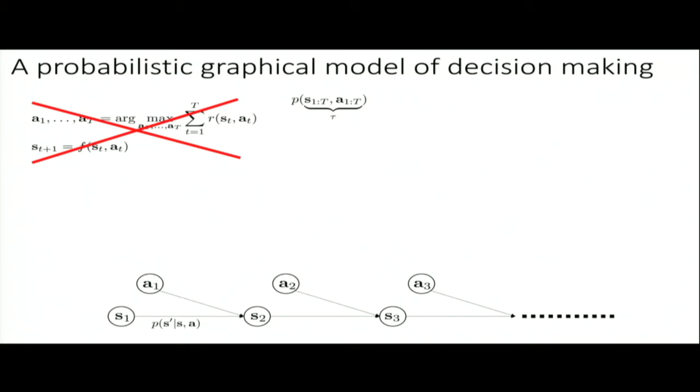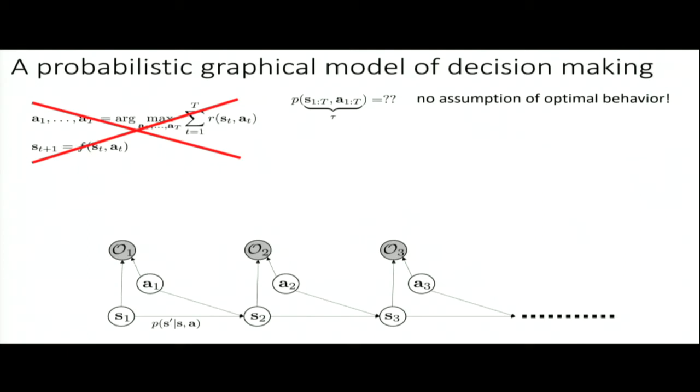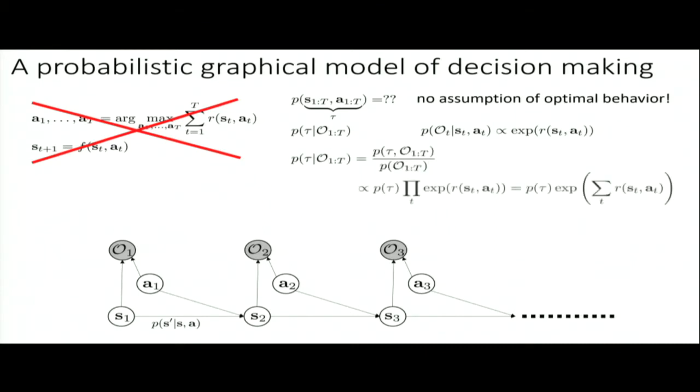So we'll have some distribution over trajectories. We'll introduce these optimality variables O, and we'll say that the probability of the optimality variables O being on is proportional to the exponential of the reward. And then we saw that if we follow this line of reasoning, we arrive at this nice conclusion that the probability of seeing a trajectory is proportional to the probability of that trajectory occurring due to physics times the exponential of its reward.